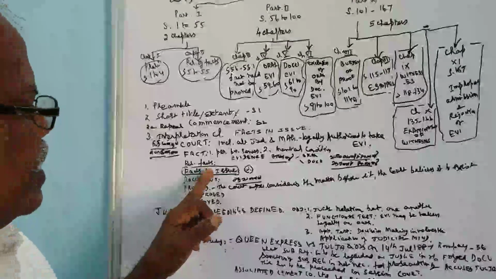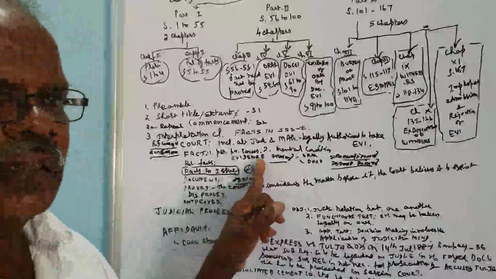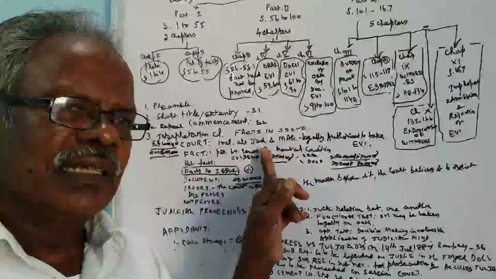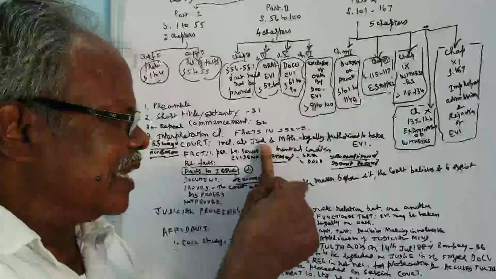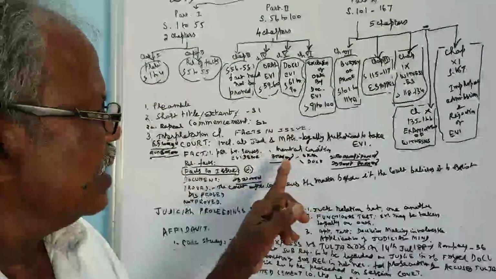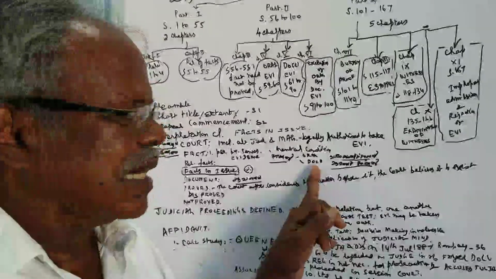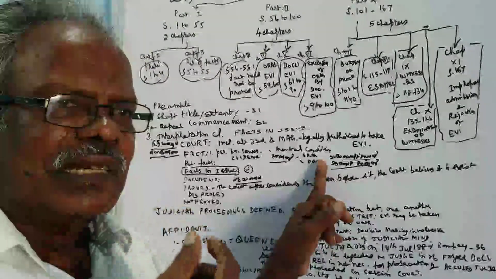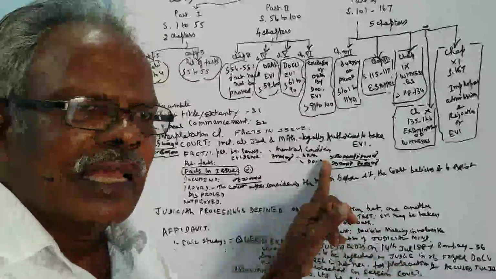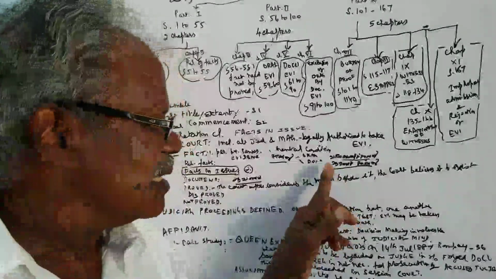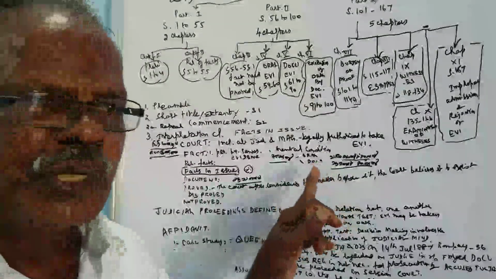And then the evidence. What is meant by evidence? There are two types of evidence. There is a lot of evidence, but we are mainly concerned with two types, that is oral evidence and documentary evidence. Oral evidence means anything a person sees and he gives evidence through his mouth, that is oral evidence, வாய்மொழி சான்று.